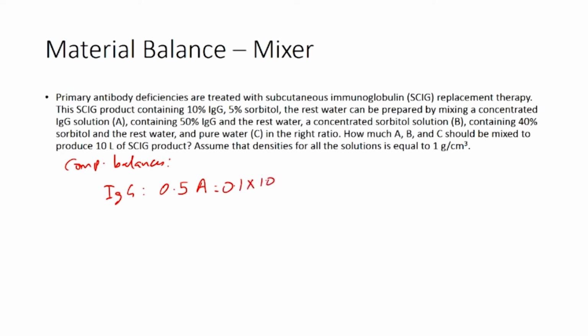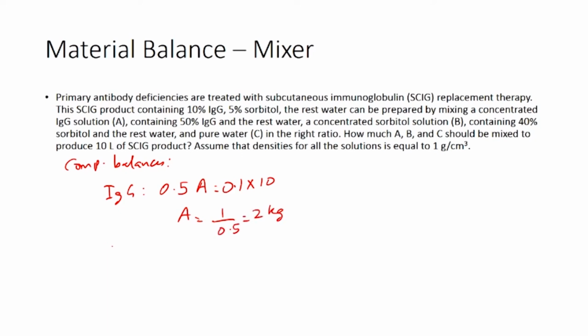So again I have used the same equation, which is input minus output plus generation minus consumption equals accumulation, and considering steady state and no reactions, we have gotten input equals output, and from this we can calculate the value of A as 1 divided by 0.5, which equals 2 kilograms.